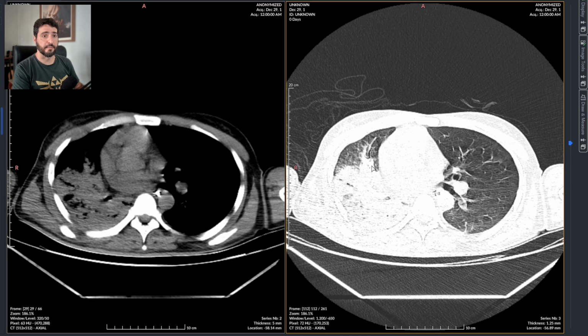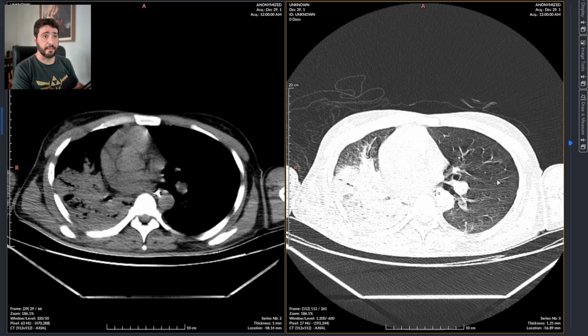So this is the middle lobe, and it has consolidations as well. The normal lung parenchyma is like this. This is consolidation. This is inflammatory substitution of the air spaces of the lung. So this is consolidation, this is acute pneumonia.